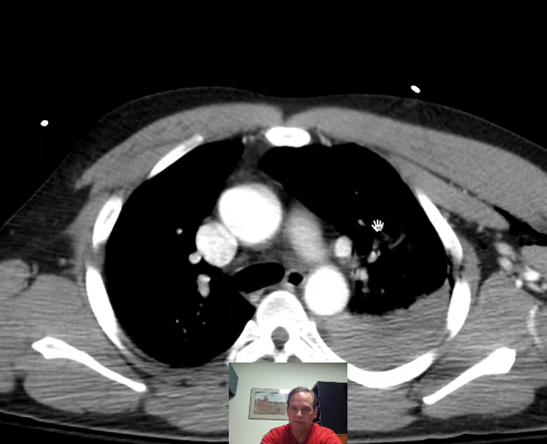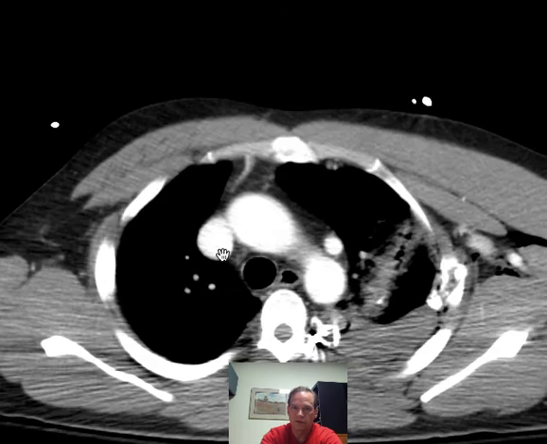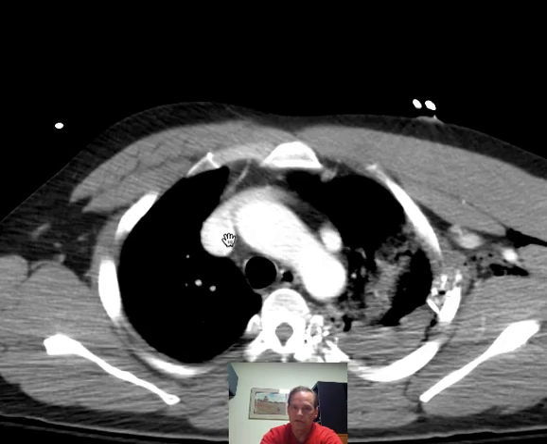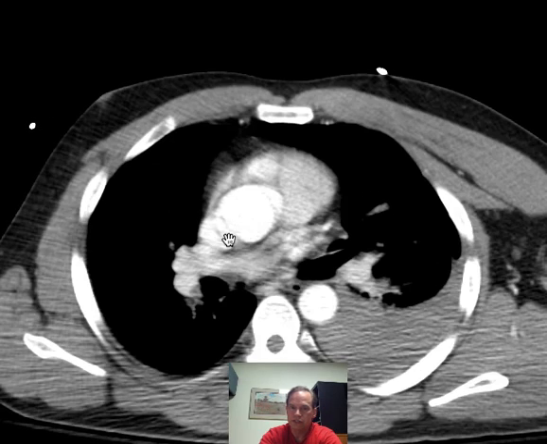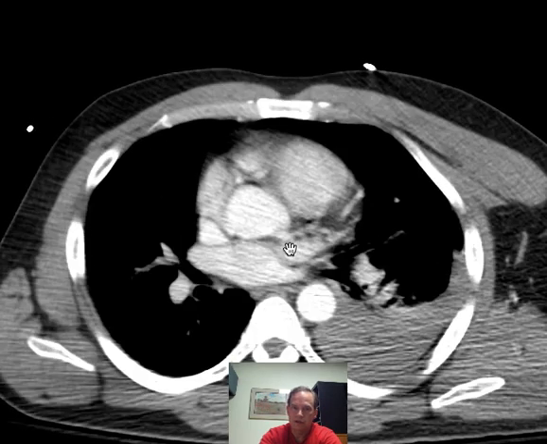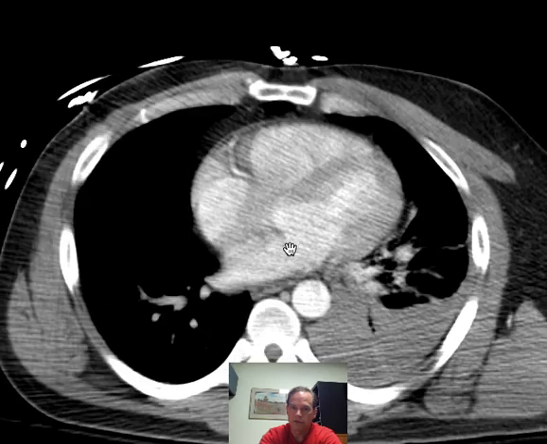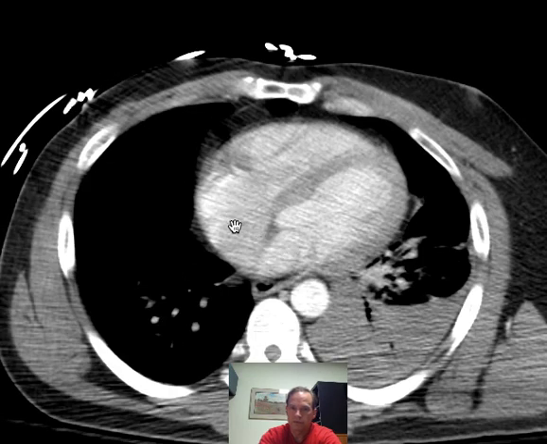And likewise, from a superior approach, you have the aortic arch, and here you have the SVC. And the SVC empties into the right atrium.